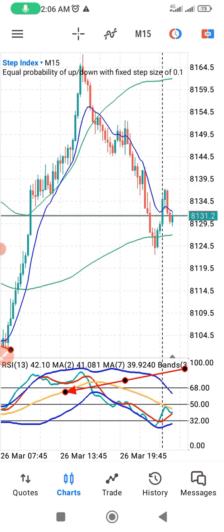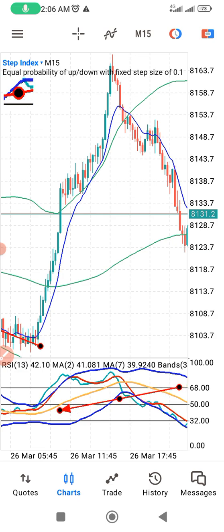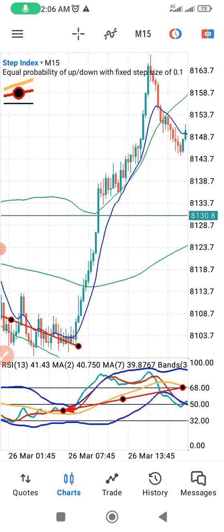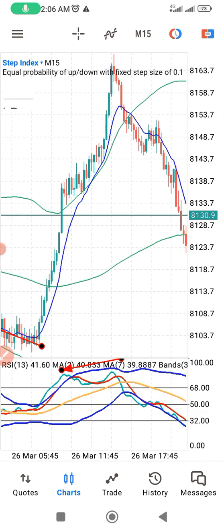And also we talked about how the Bollinger Band determines the volatility. Another way to determine the volatility is between the signal line and the price line.